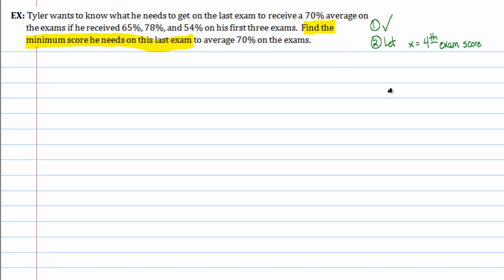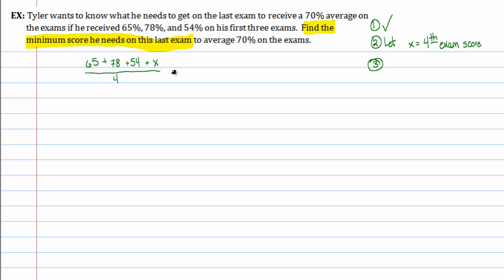And now the third thing is to write some type of expression or equation that involves this variable. Well, this is an average. Averages say you add up the scores and divide by the number of scores. But that's just the average. I want that average to at least be 70%.